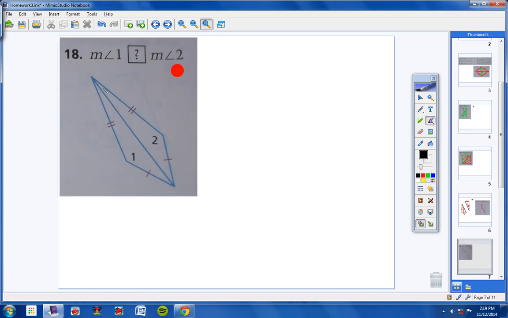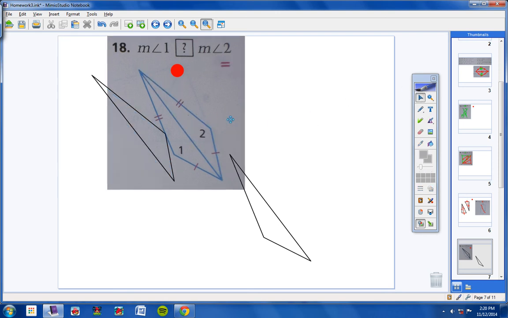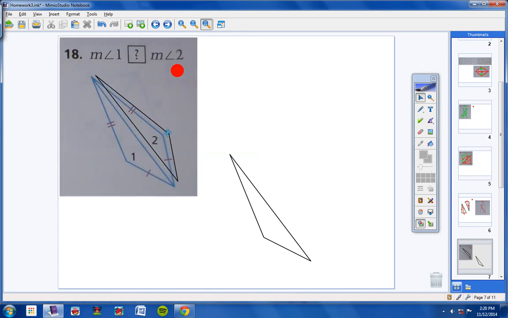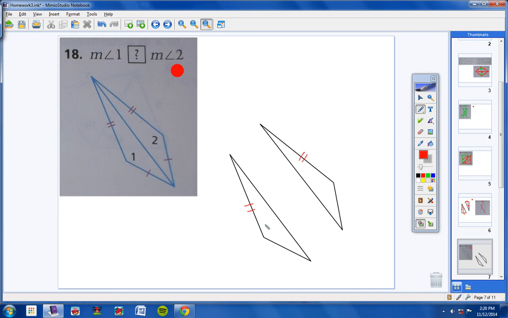We have 2 marks here, so 2 marks here, 2 marks here, so 2 marks here, 1 mark here, 1 mark here.